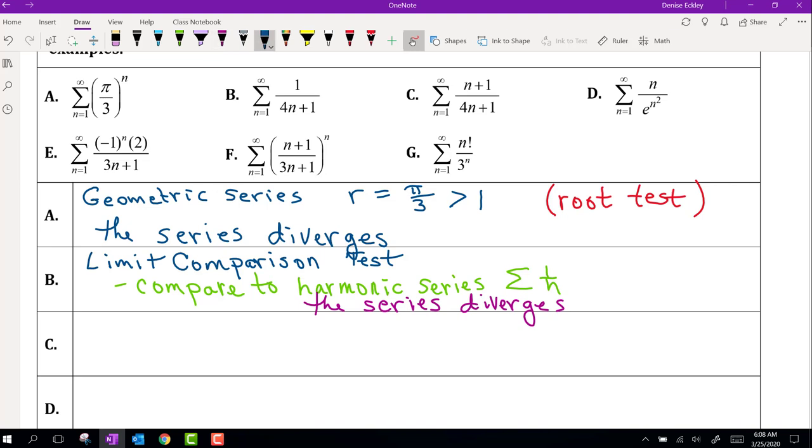For letter C, we can use the nth term test, because you can see that the limit, just by looking at it, is going to be 1/4. So you can say that this series diverges. So this would be the nth term test for divergence.